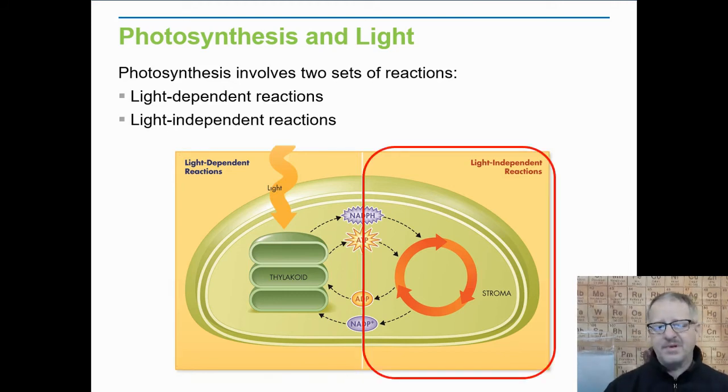So, what happens to the ATP and NADPH that are produced in the light-dependent reactions? Well, both ATP and NADPH from the light-dependent reactions are used to produce high-energy sugars in the light-independent reactions.